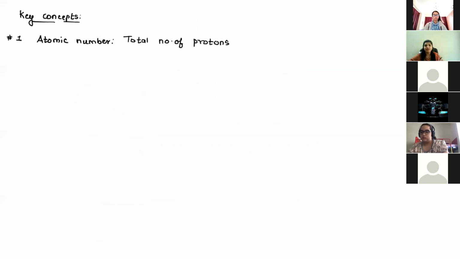In a neutral atom, protons are equal to electrons, but we will never say atomic number is the number of electrons. Since atomic number is the total number of protons, it is also called proton number, and it is denoted by Z.